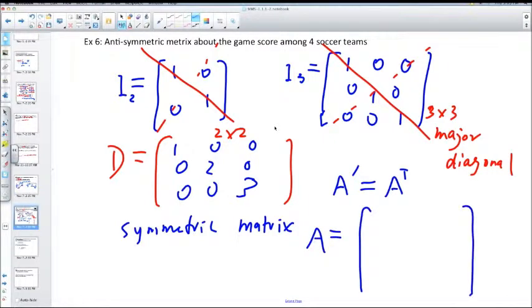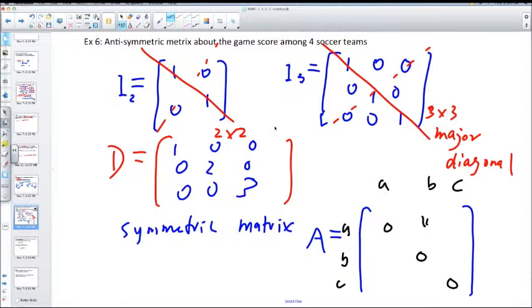Let's look at a special matrix. Talk about the distances between three different cities, A, B, and C. And the distance from a city to itself, of course, is 0. The distance from A to B, let's say, is 100 miles. Then, of course, the distance from B to A is also 100 miles.